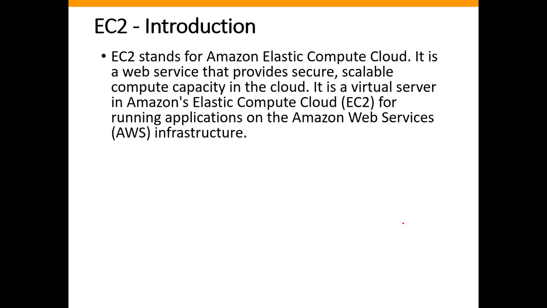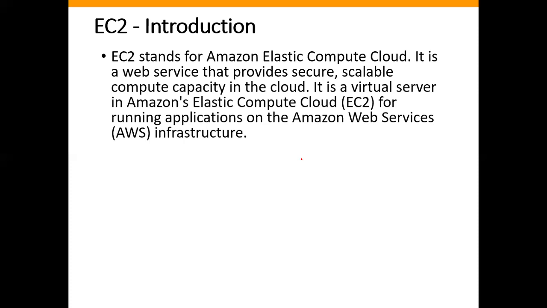Based on the client requirement, the only thing is we need to select the CPU, RAM and hard disk. Based on our requirement, we select these, and with the help of that we can create our servers, our EC2 machines.